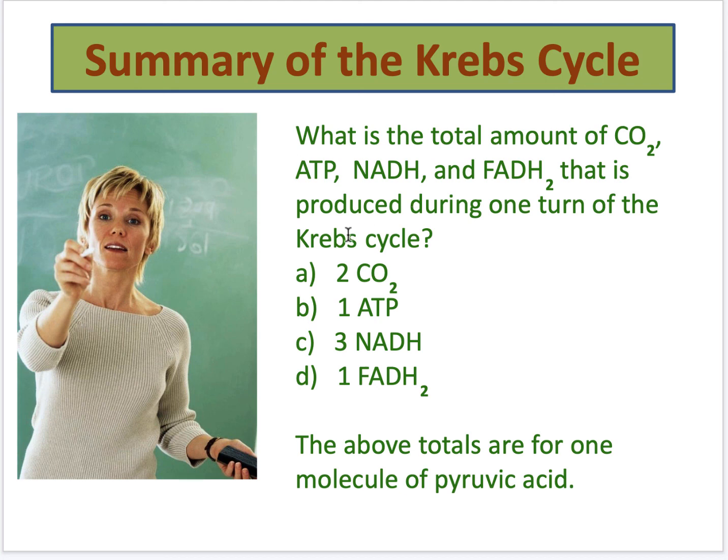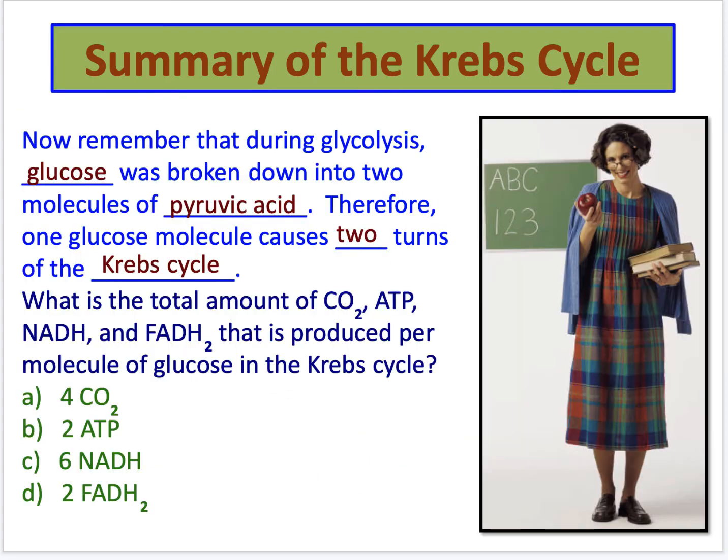One turn of the Krebs cycle uses 1 of the pyruvic acids. So one turn of the Krebs cycle produces this, while 2 turns of the Krebs cycle will produce 4 carbon dioxides, 2 ATPs, 6 NADH, and 2 FADH2.